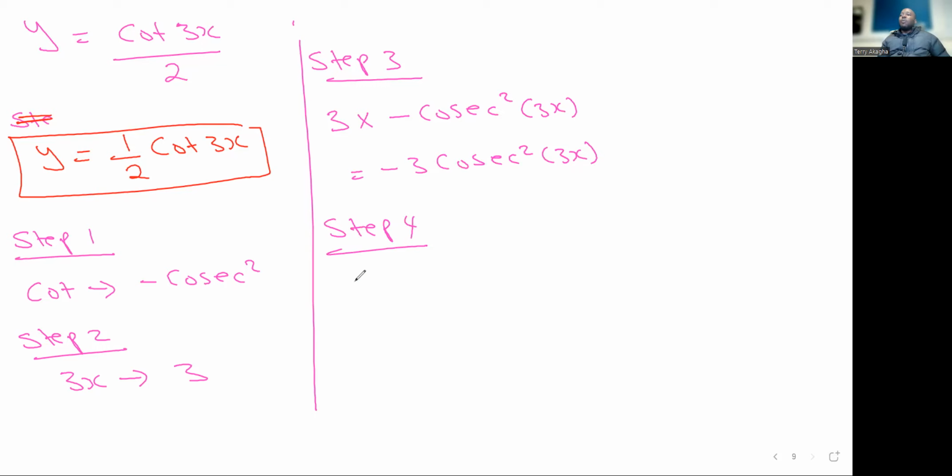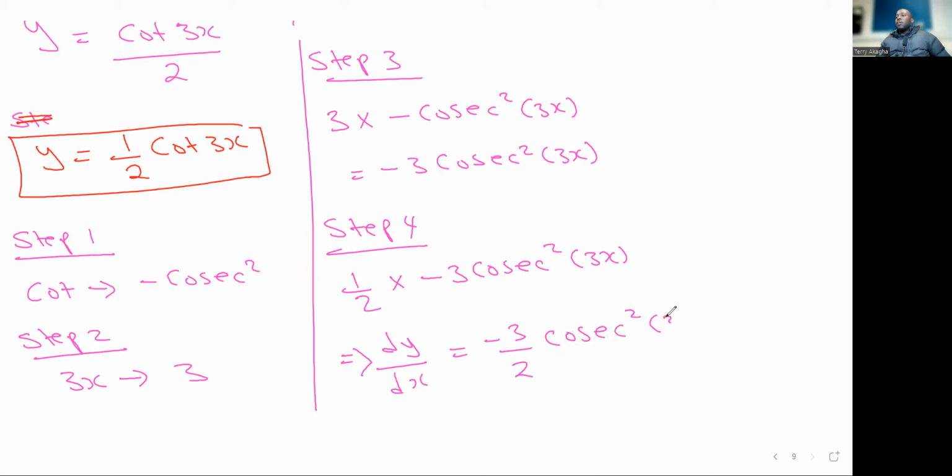So step 4 now will be 1 over 2, the constant, multiplied by the answer I got from step 3, minus 3 cosec squared 3x. And that will give you dy over dx equal to minus 3 over 2 cosec squared 3x. And that will be the answer for that.